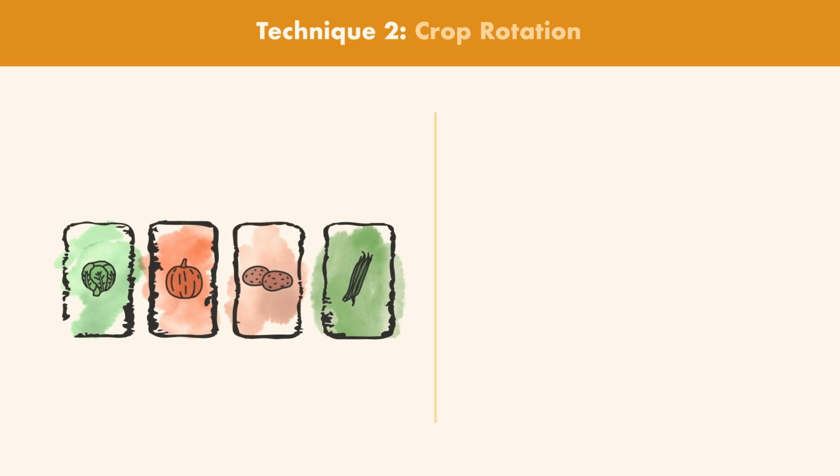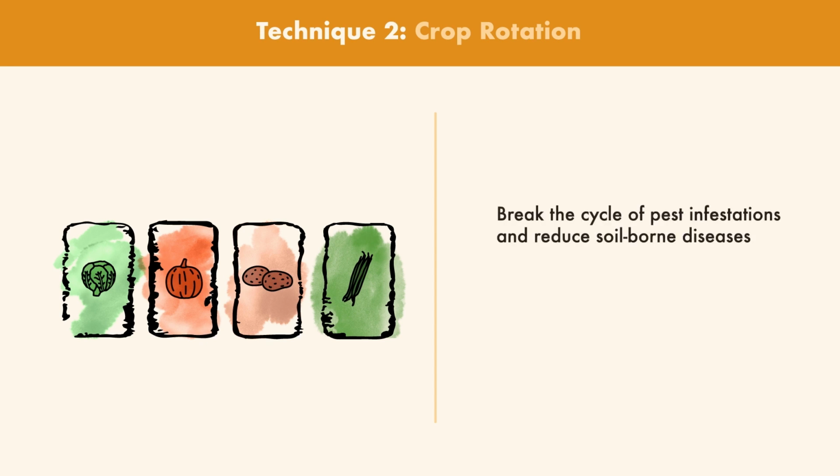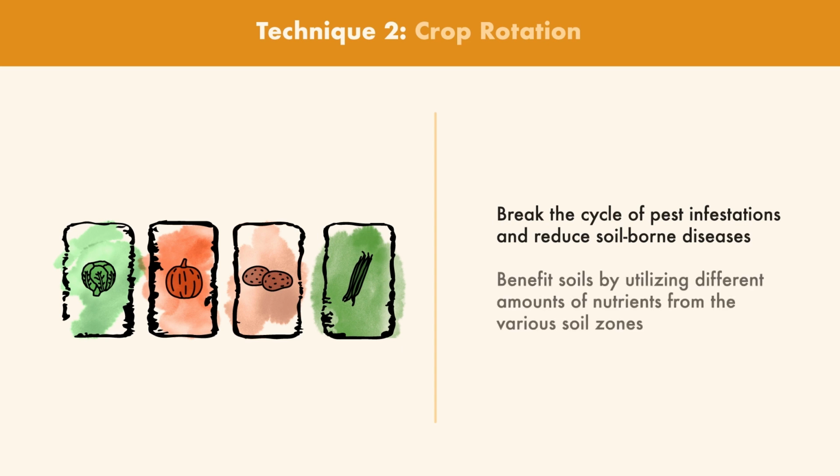Crop rotation, on the other hand, means making seasonal changes to the plants grown on the same piece of land. Rotating crops can break the cycle of pest infestations and reduce soil-borne diseases. It can also benefit soils by utilizing different amounts of nutrients from the various soil zones. If garden beds already contain a lot of biodiversity, there is less need to practice crop rotation.